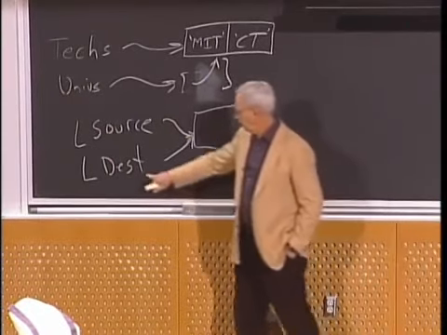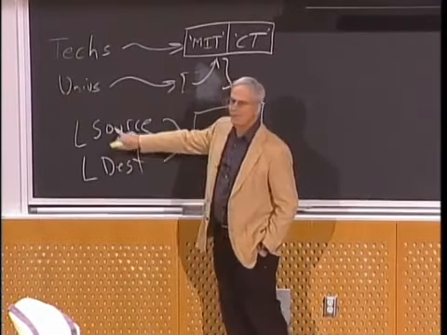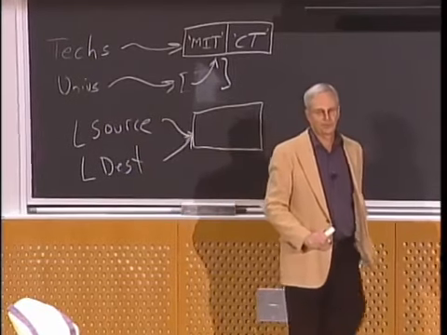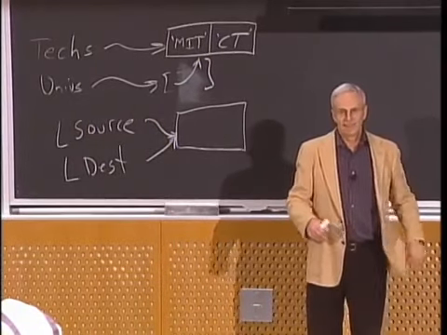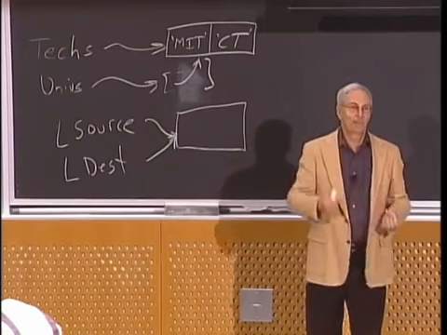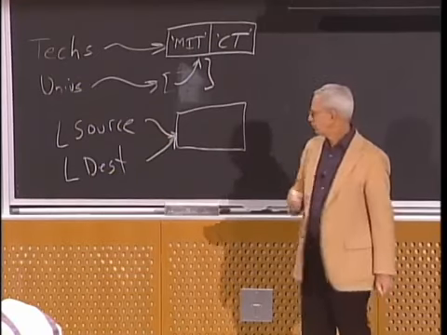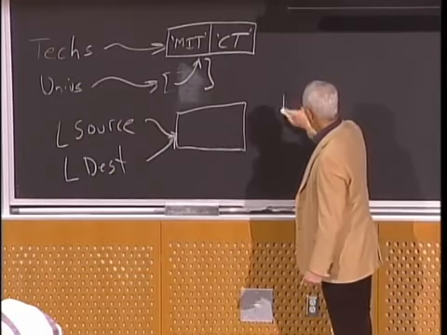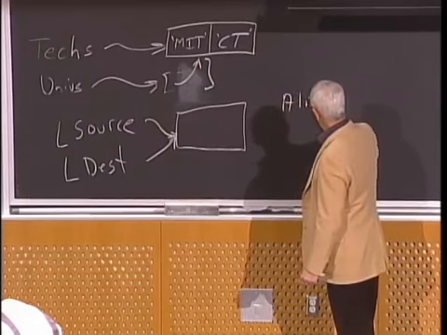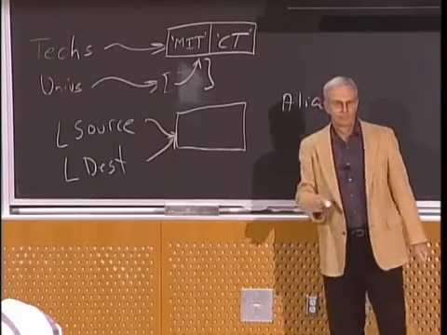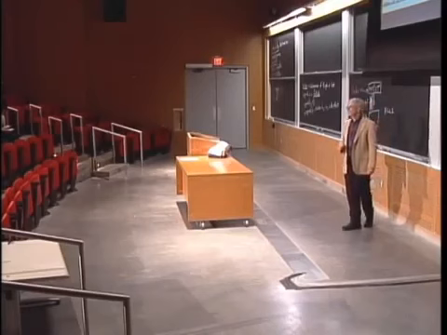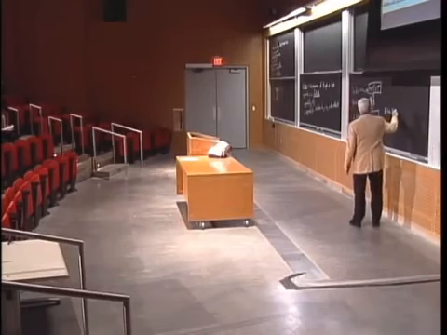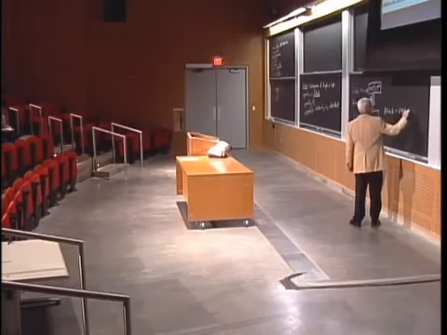So every time I modify LDEST, I'm modifying the object to which L source points, and I keep finding yet another thing to copy. This is an example of what's called an alias. One object with two names, or in general, multiple names.